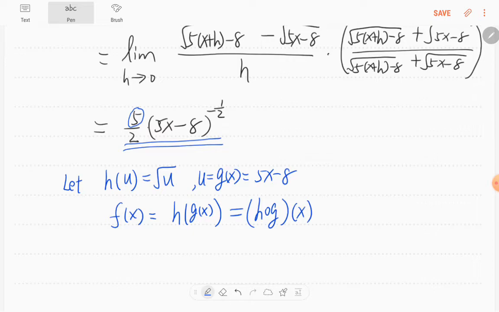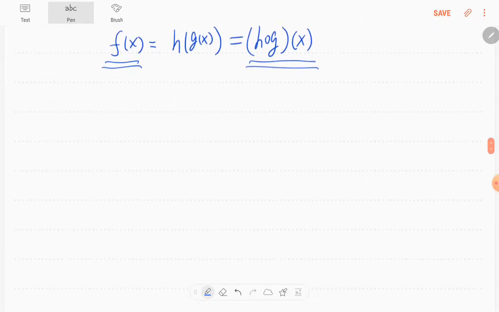Now we need a rule to take the derivative of this composite function. This is called the chain rule.